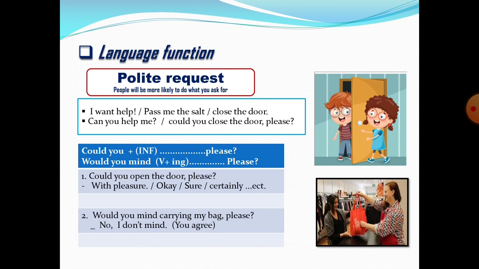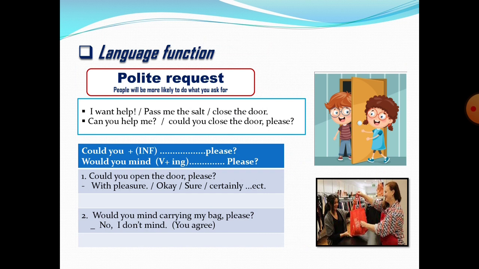Before I discuss the difference between could you and would you mind, I want you to look at the two groups of sentences you have in the box here. I want help. Go to the next line. Can you help me? What is the difference between I want help and can you help me?